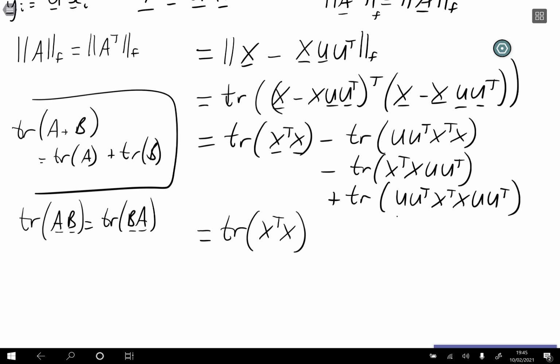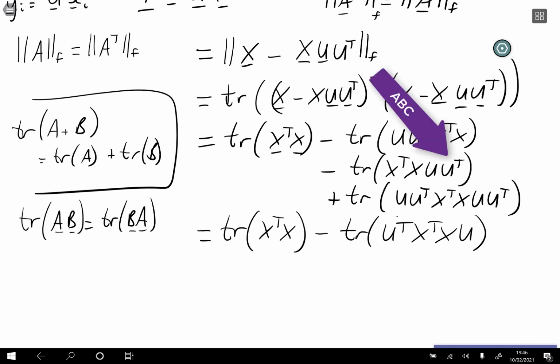So in this first term, let's take this U to the right hand side. It's the right shape after all, so we can do that. So this is minus the trace of U transposed X transposed X U. Let's do the same here. Let's take this U transposed to this side.